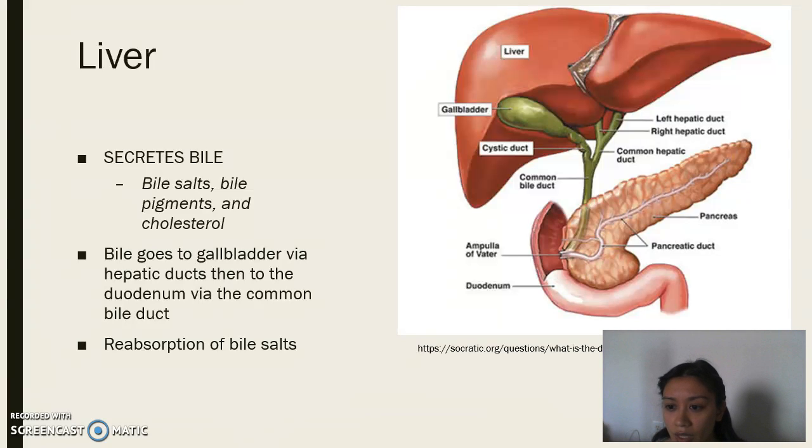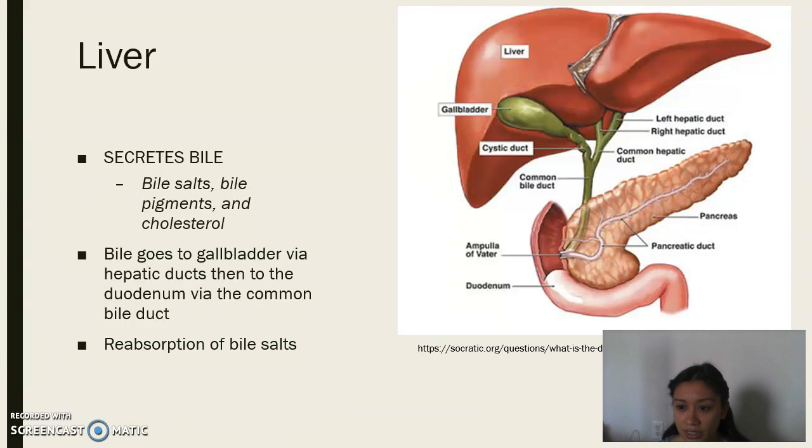So these bile salts are detergents that allow fats to become more soluble during the process of digestion, and they are made from an amino acid that is conjugated with a steroid bile acid.